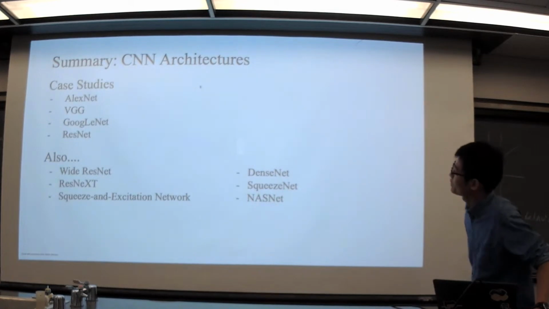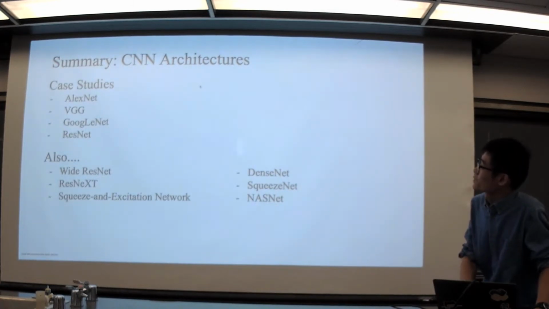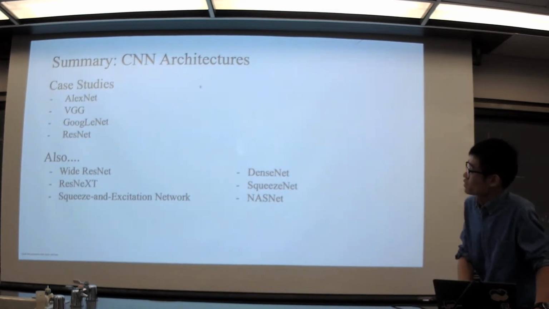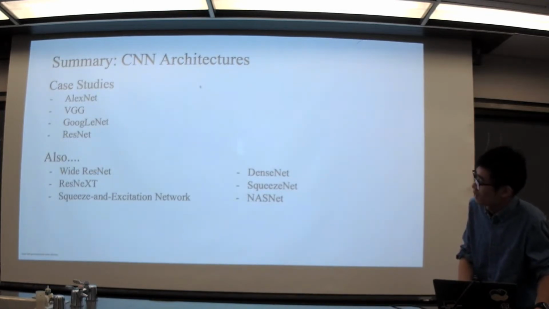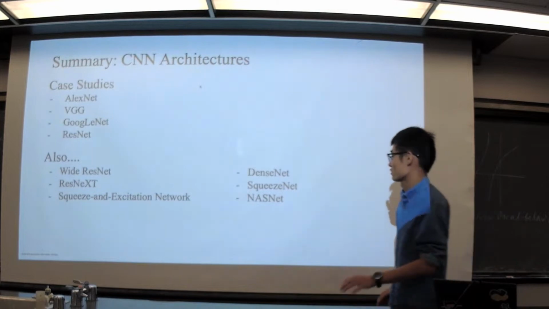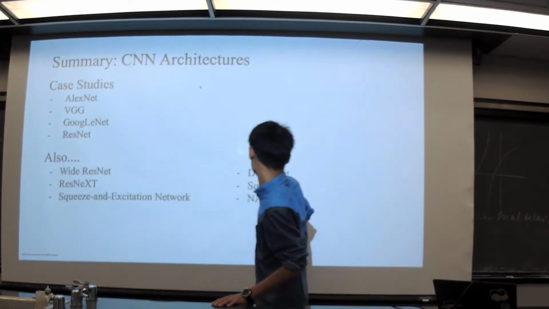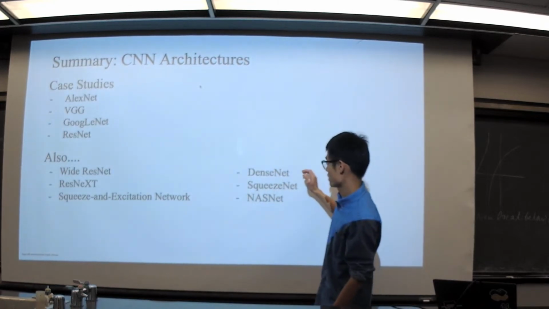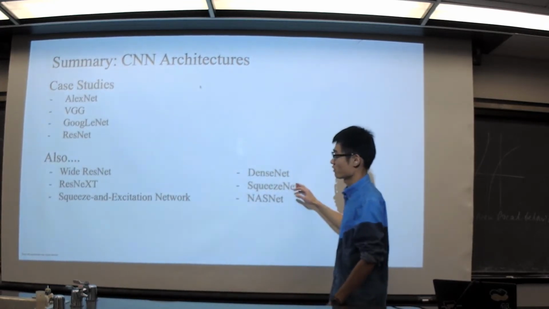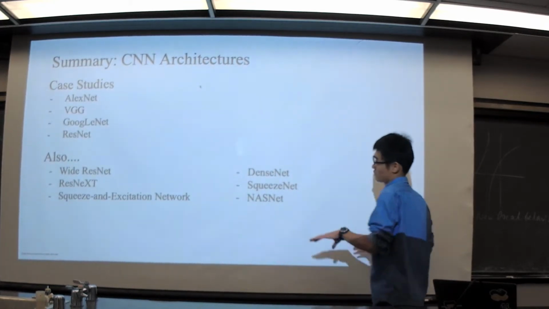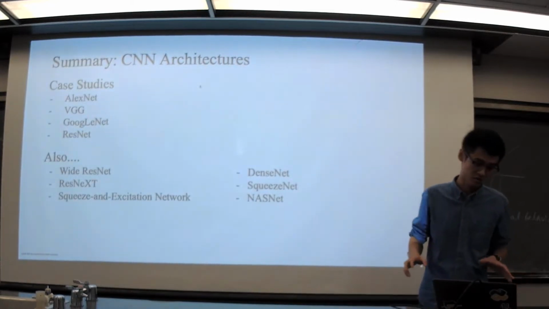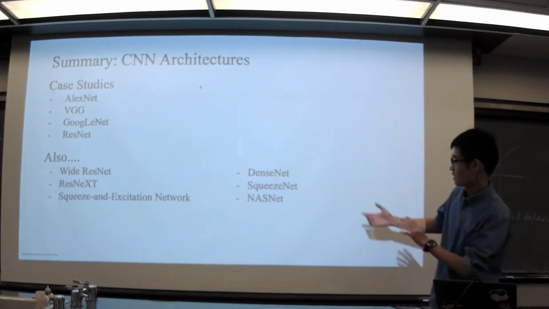So here's the summary. In architectures, we have introduced AlexNet, VGG, GoogleNet and ResNet, and some transformations of them for different types, based on ResNet, and meta-learning.